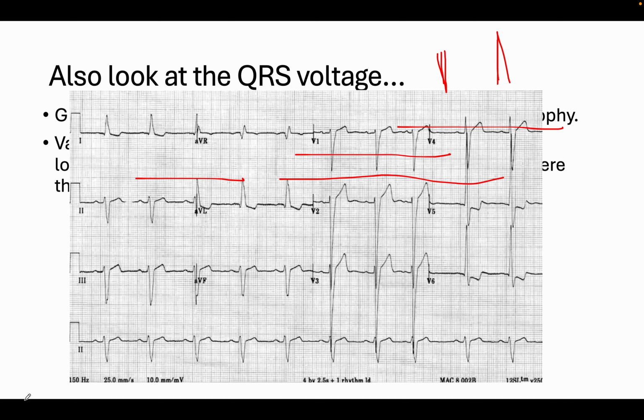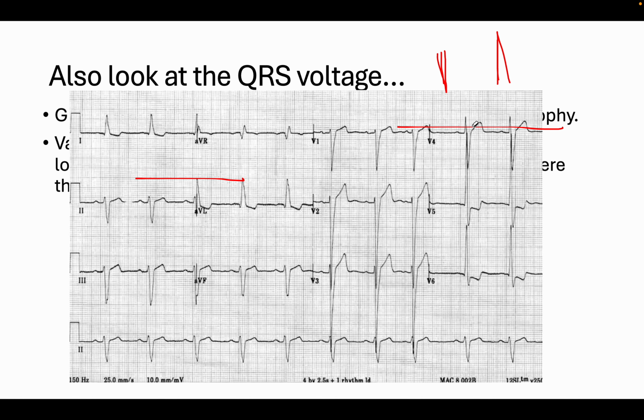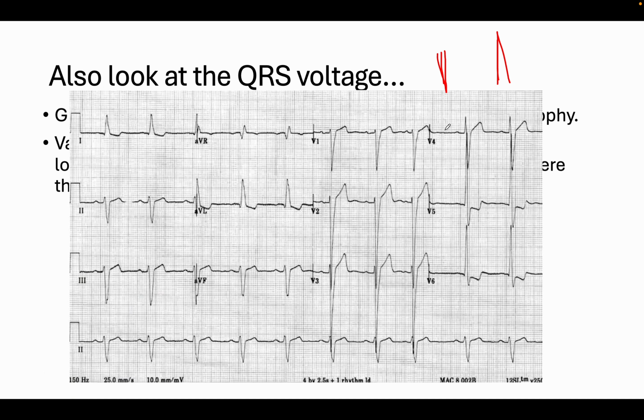So we'll use this example here. Let me first rub out these lines. So if we work out this one together, we can see the deep S wave in V1. If we were to measure that from the isoelectric baseline here and measure downwards, we can see that's around 5, 10, 15, at around about 14 there.